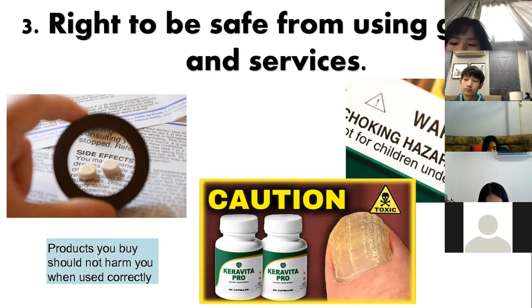Correct. Very good, Haruka. So again, as a consumer, as a buyer, as a renter, it is your right to be safe from using the goods and services. Thank you very much. Let's go next.